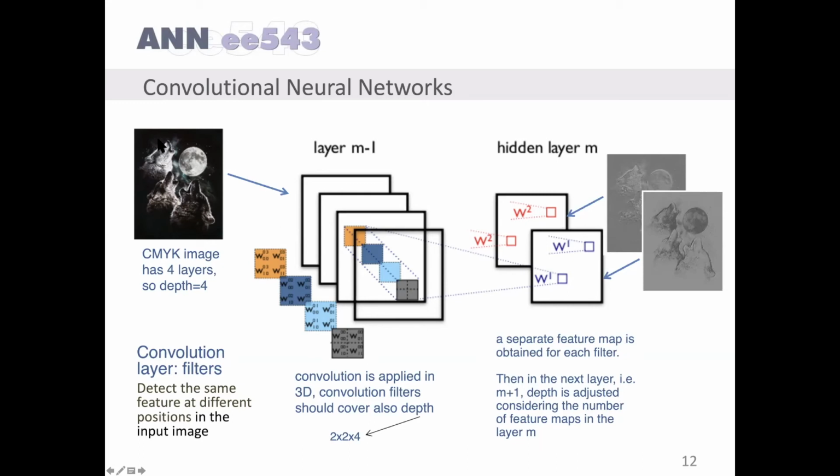For example, on this image, by applying a filter like this, we may obtain such a feature map in the next layer. However, with some other filter, we may obtain a different feature map. Then the collection of these feature maps will correspond to the output of the convolution layer in the network.